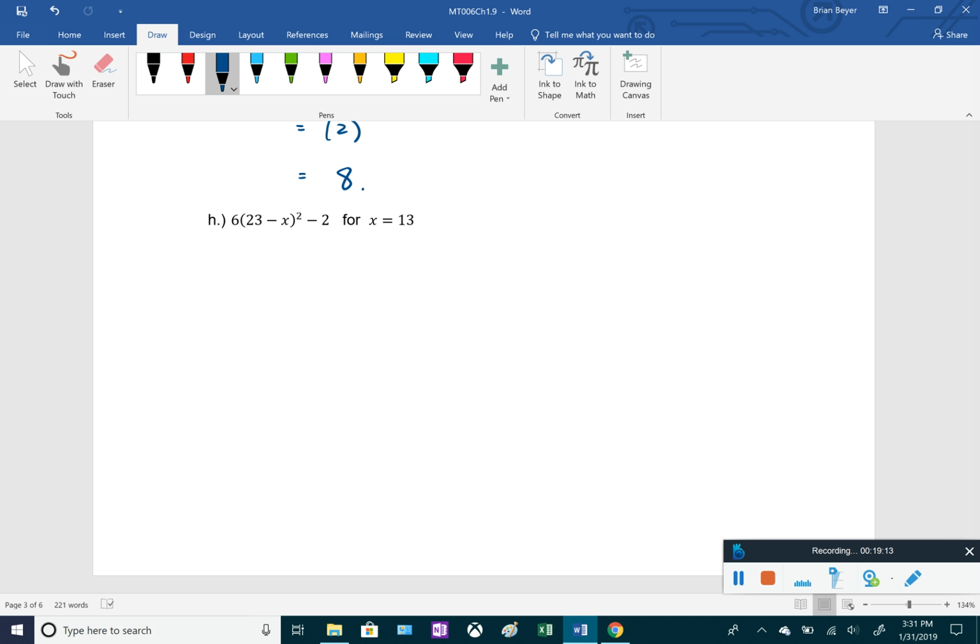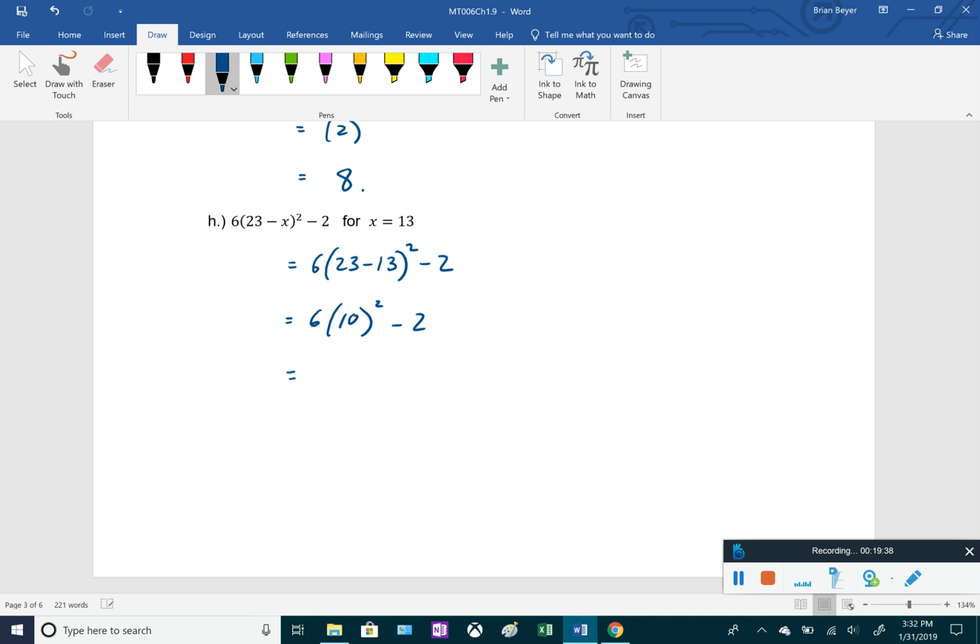And do one more here. So we have 6 times (23 minus x) all squared minus 2. We're going to plug in x equals 13. So 6 times (23 minus 13) squared minus 2. 23 minus 13 is 10. So 6 times 10 squared minus 2.